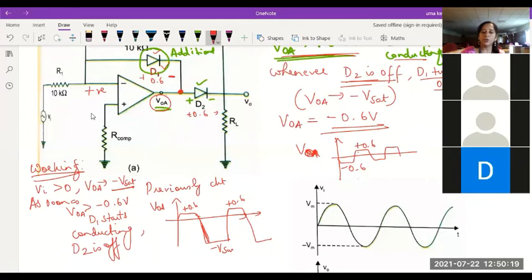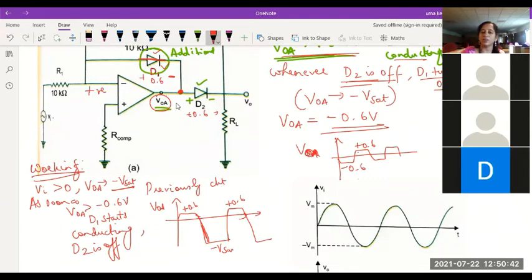Clear? So initially, when I give a positive value at the inverting terminal as Vi, whenever Vi is greater than 0, output will move towards negative saturation, but it won't go till saturation. As soon as the output voltage crosses minus 0.6 volts, this diode will conduct.